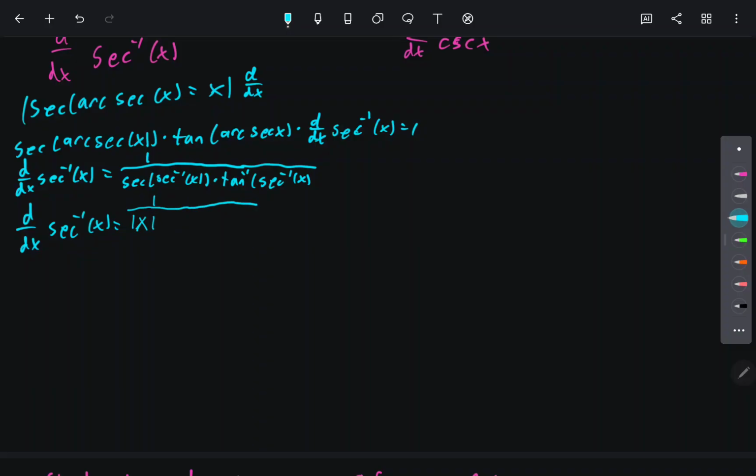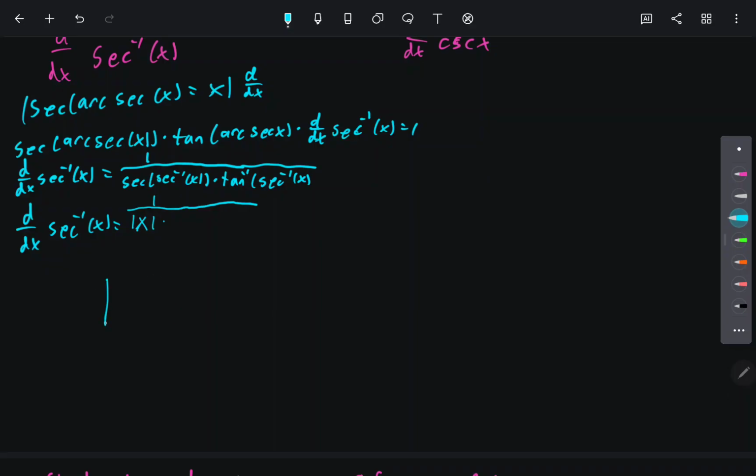But the main reason is that we always want this to be positive. That's the way it's going to work out with our definition of secant. And then we have the square root of, or actually, no, I should not be doing the square root just yet. So what's tangent of secant inverse?